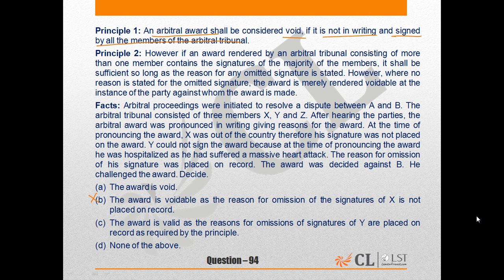Now it's giving the reason for the missing of one signature, but there are just 3 parties, so the majority would be 2 and both of them do not have their signatures in place. Therefore C also cannot be the answer. Hence, the correct answer is option A, that the award is void.